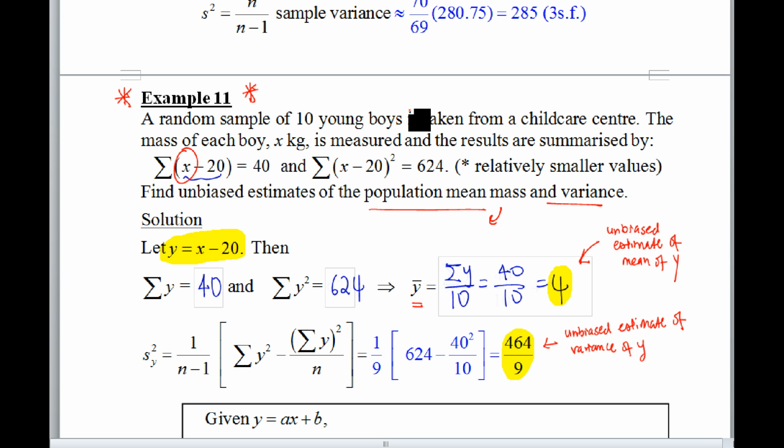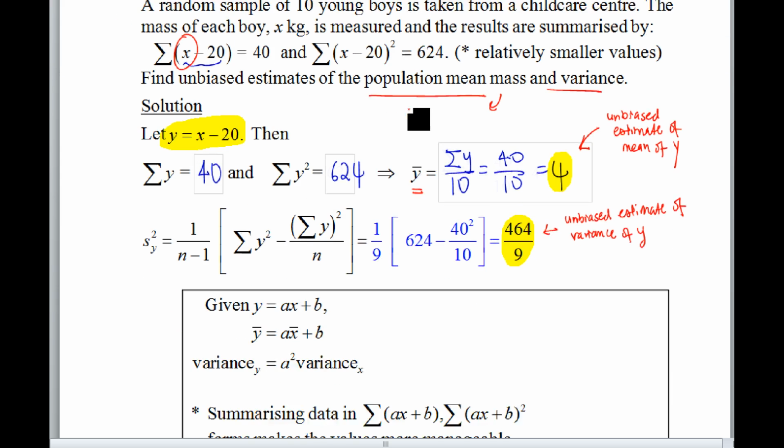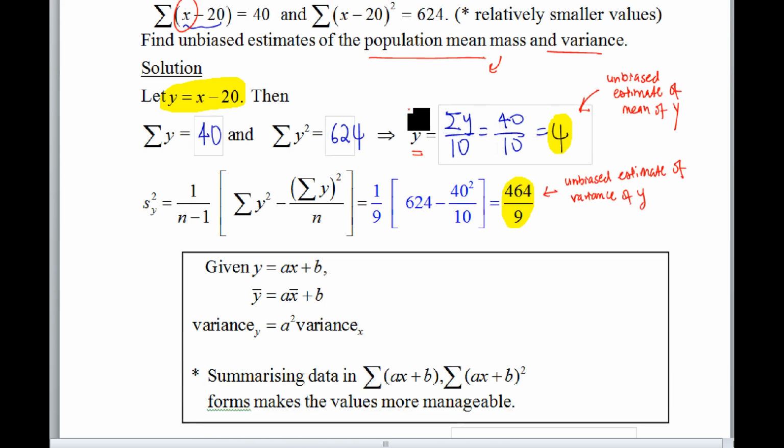How do we then do it? This idea is important. If y is ax plus b, y bar must be ax bar plus b. This one will be quite clear. And this relationship also applies.